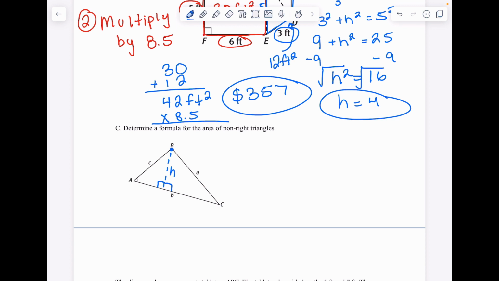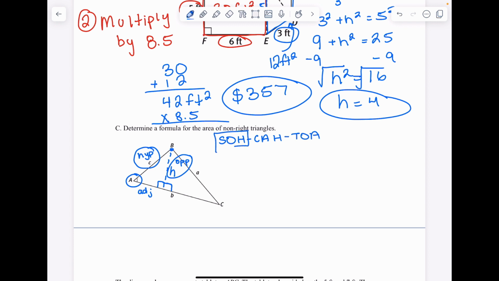I'm going to try to come up with a formula for the height using SOHCAHTOA. So from angle A, I'm going to label my opposite side, my adjacent side, and my hypotenuse. And notice how I have my opposite and hypotenuse lengths. So according to SOHCAHTOA, if I have O and H, I'm going to use sine.